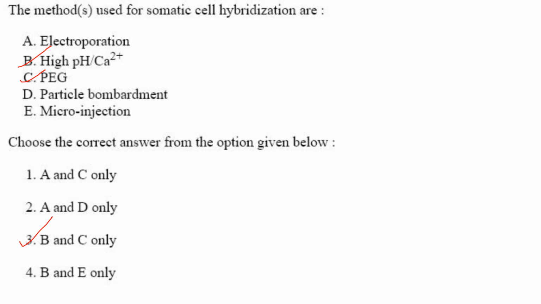Then hybrid cell formation takes place. Then culture and regeneration. Electroporation, no, it is not involved in somatic cell hybridization. High pH and calcium, positive, yes. PEG polyethylene glycol, yes. Particle bombardment, it is involved in plant transformation. Microinjection also involved in plant transformation. So B and C only. Answer is option 3.